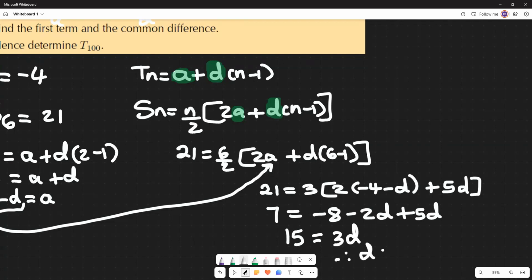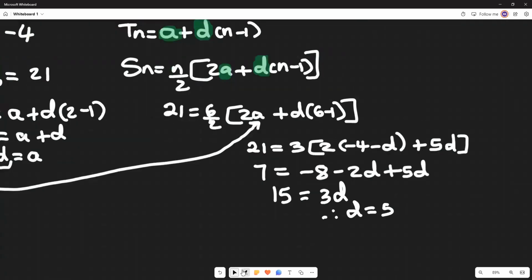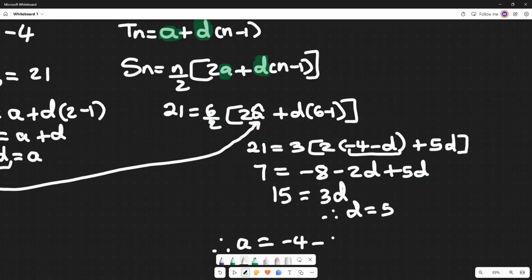Therefore, d equals 5. And then if d is 5, we can get a. Remember, we said a equals -4 minus d, so a equals -4 minus 5, which is -9. Then we got the first term and the difference.